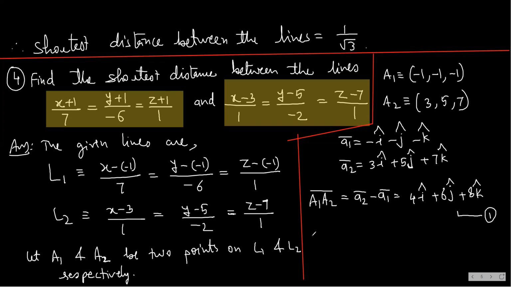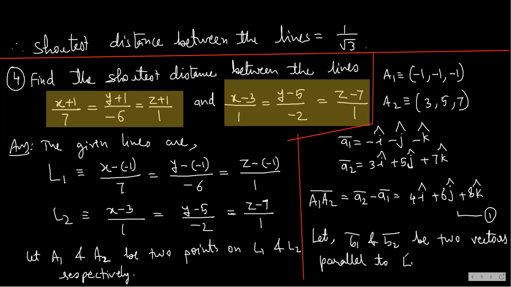Let b1 bar and b2 bar be two vectors parallel to L1 and L2.